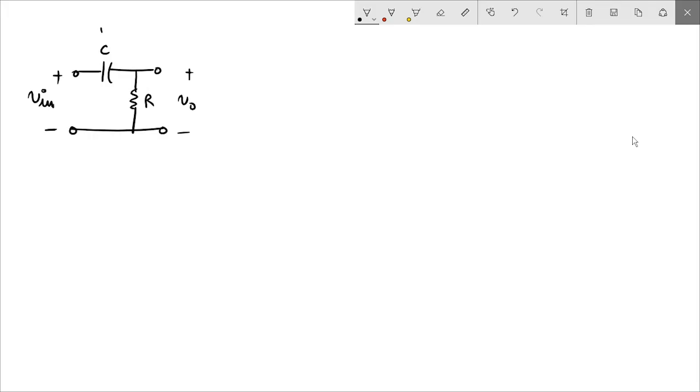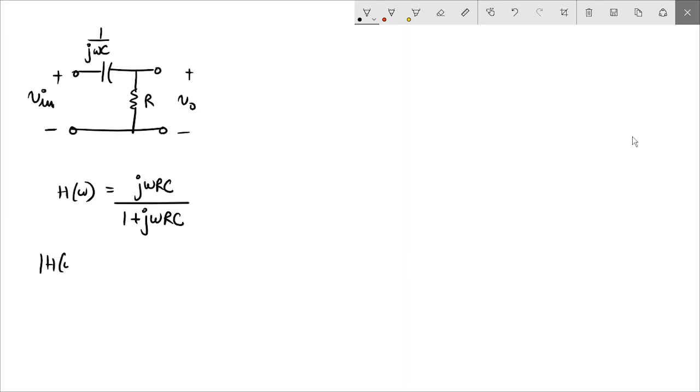This is still R. The reactance is 1 upon j omega C. For such a circuit, and you can derive this, you will get H of omega to be j omega RC upon 1 plus j omega RC.